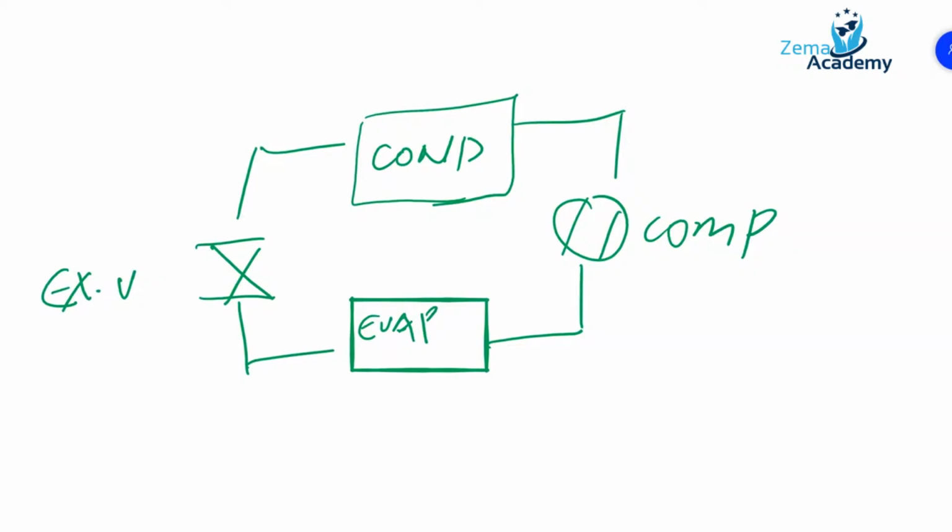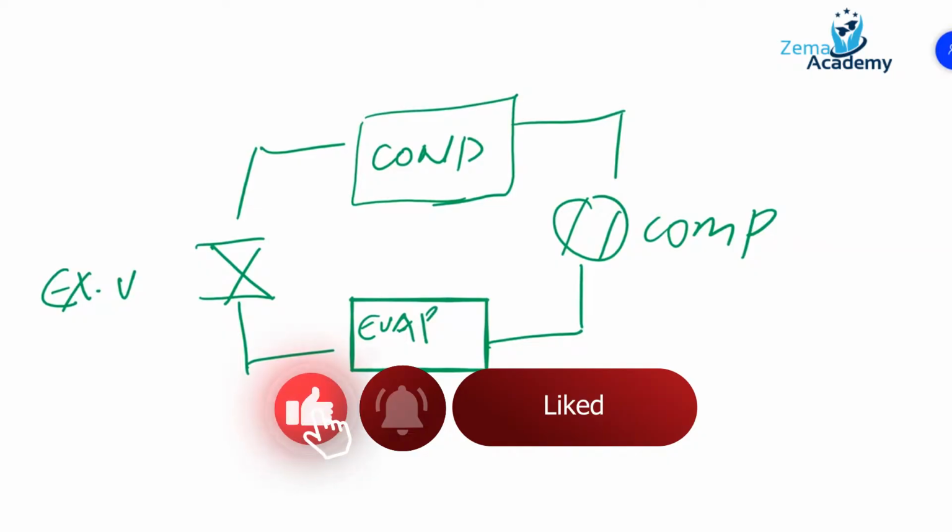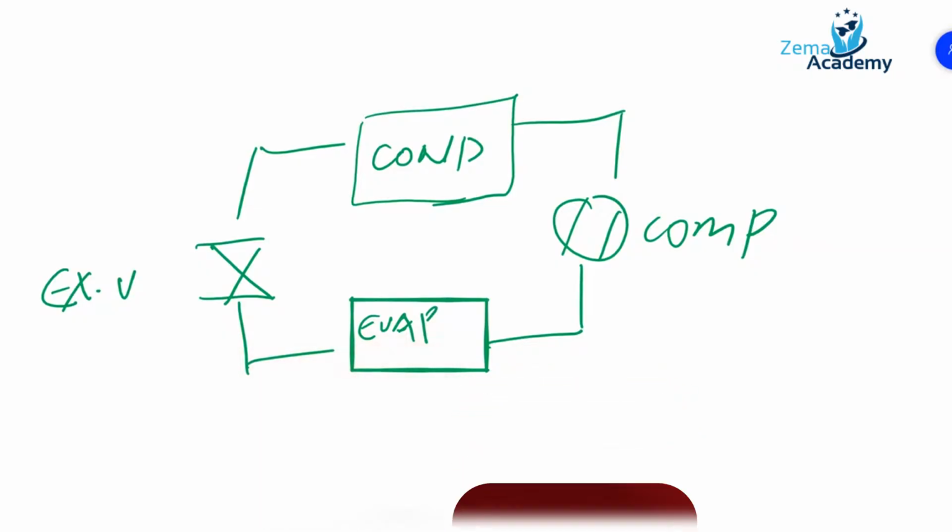Okay, so the four components of any vapor compression system are the evaporator, compressor, condenser, and expansion valve. So these are the four components, or you may also refer to them as four stages.